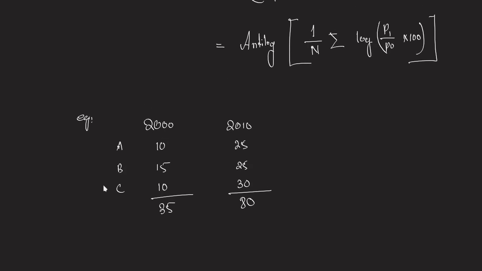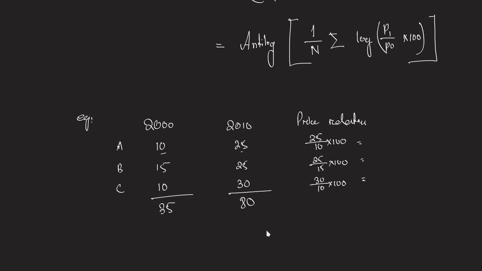Okay, yeah, simple aggregate method ami ei duta divide korisilo but eta ami price relative calculate koribo lagibo. Price relative hol this P1 divided by P0, that means 25 divided by 10 into 100, 25 divided by 15 into 100 and 30 divided by 10 into 100.